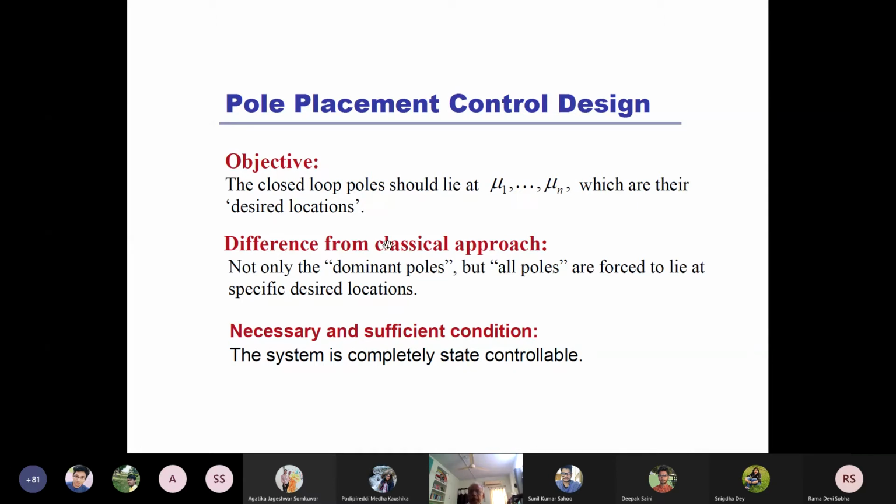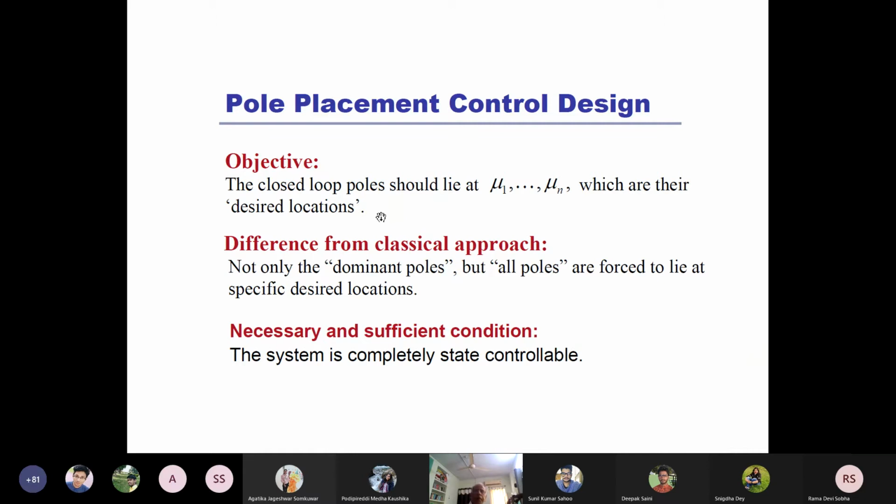In a classical approach, in the Laplace domain also we can use a pole placement design, but in the Laplace domain, normally we consider only the dominant poles.